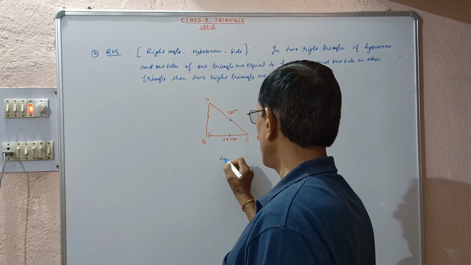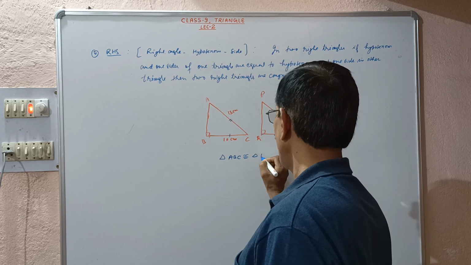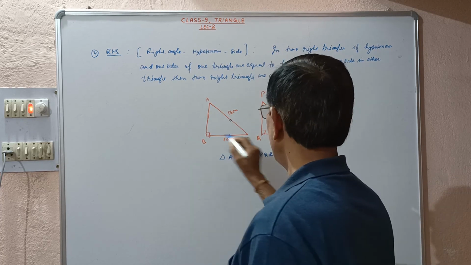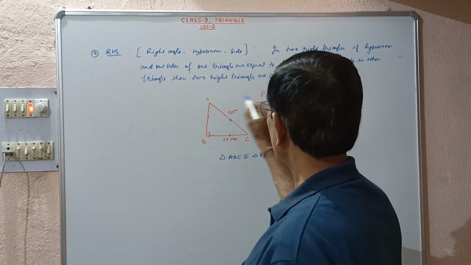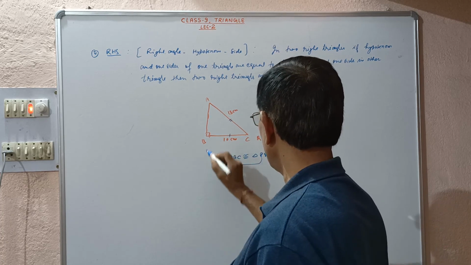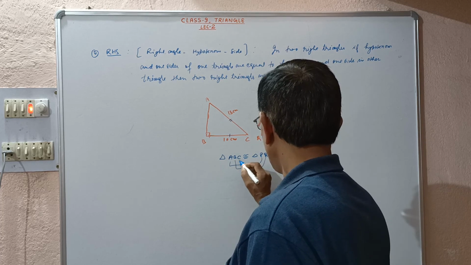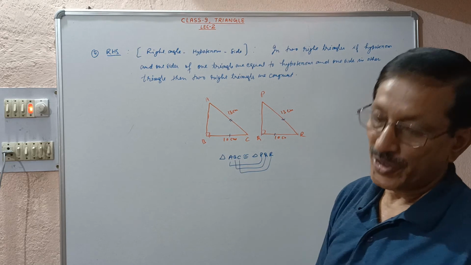And in symbolic form, we write triangle ABC congruent to triangle PQR. P will fall on A, Q will fall on B, and R will fall on C. That means A corresponds to P, B corresponds to Q, and C corresponds to R. That's why we have written ABC congruent to triangle PQR.